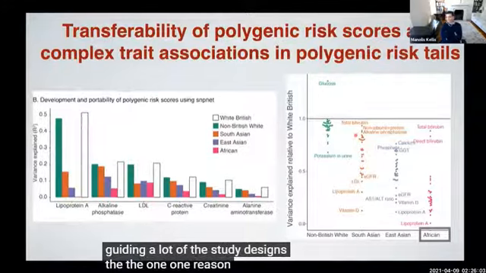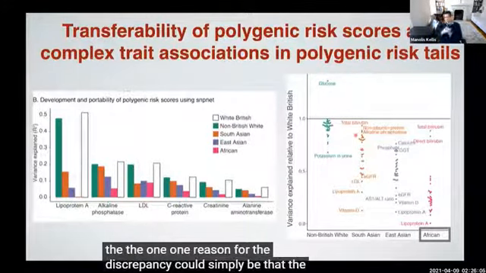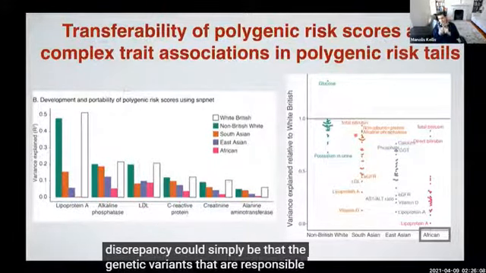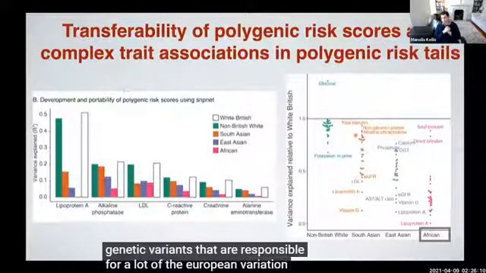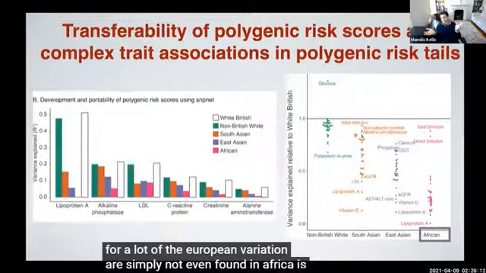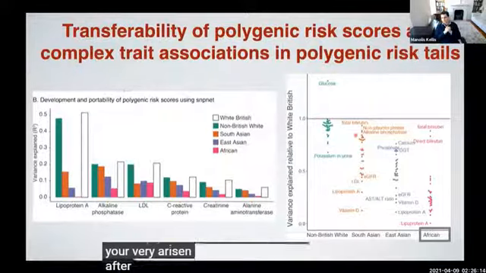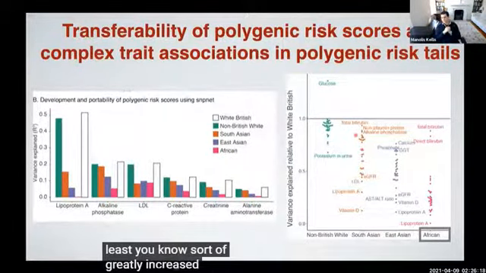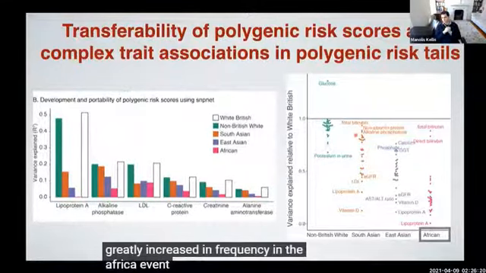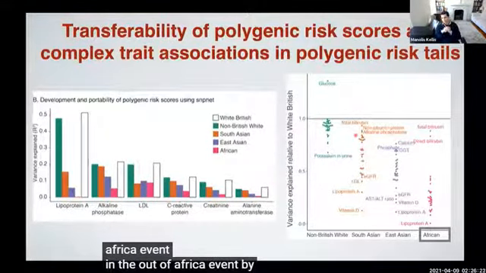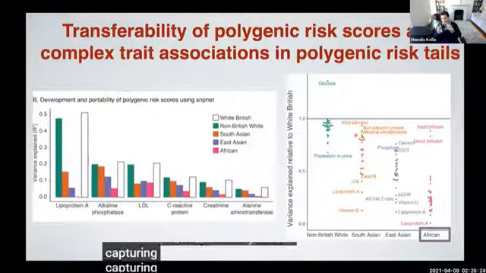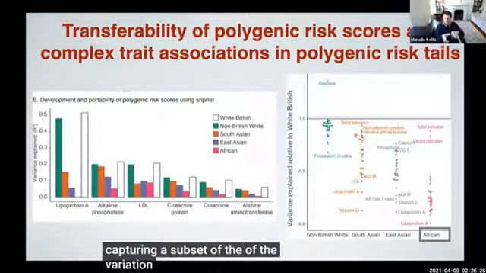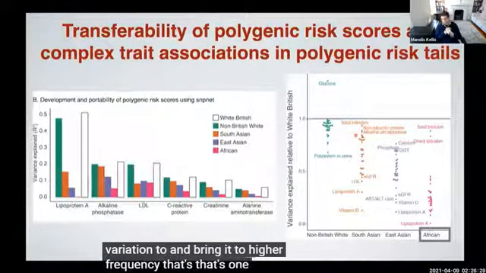One reason for the discrepancy could simply be that the genetic variants that are responsible for a lot of the European variation are simply not even found in Africa. These are variants that may have arisen after the out of Africa event, or at least greatly increased in frequency in the out of Africa event by capturing a subset of the variation and bringing it to higher frequency.